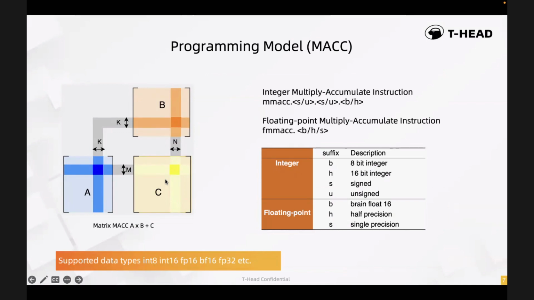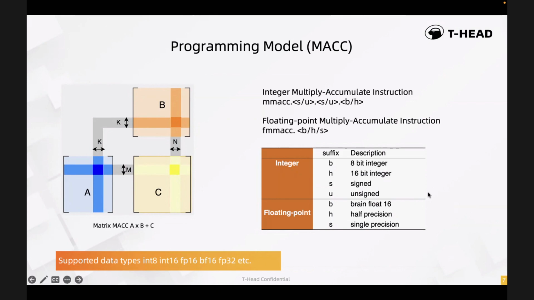All the source operands and the destination operand of this instruction use matrix registers, and no extra accumulation registers are used in our extension. It should be pointed out that there are some suffixes that represent the data types used by the instructions.